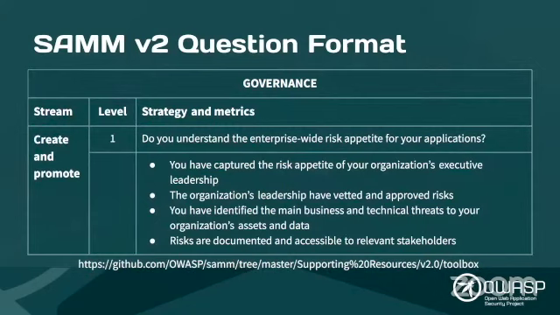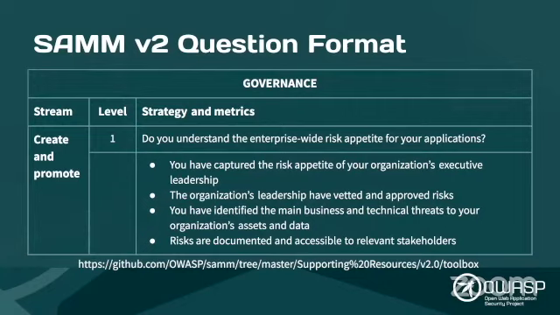This is an example of a question format for governance, strategy, and metrics, create and promote. And this is a pretty standard format for all of the questions within SAMM. We can see there's a stream that it's part of, the maturity level that it's part of, the question itself, and then the criteria underneath the question.